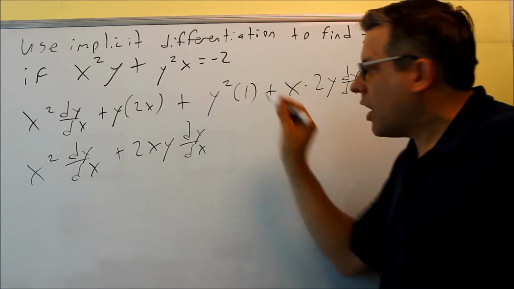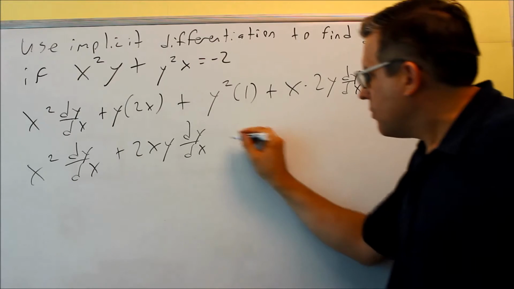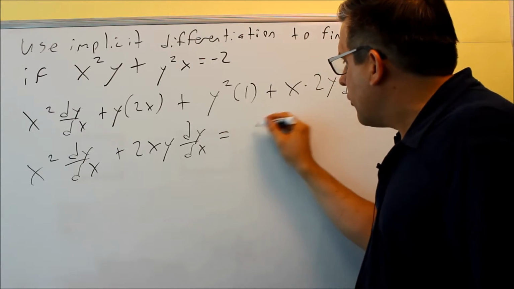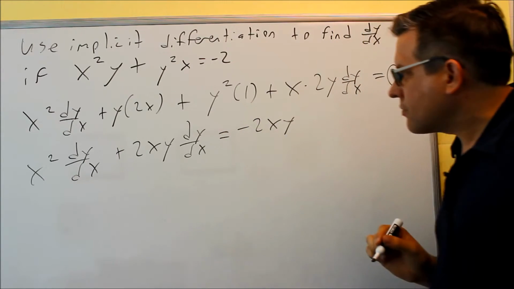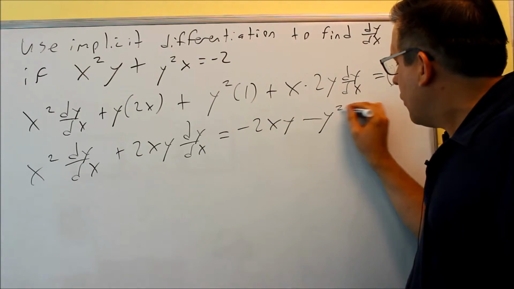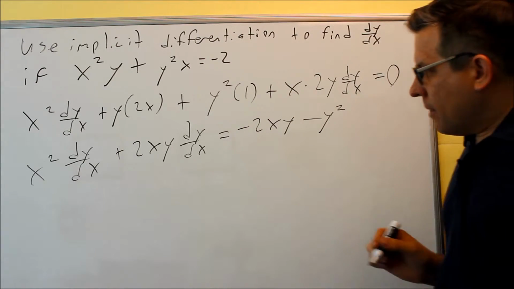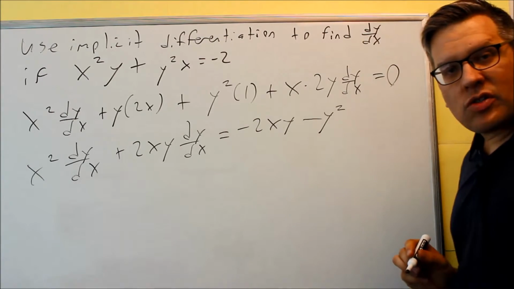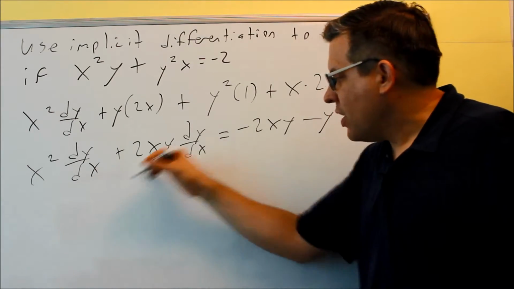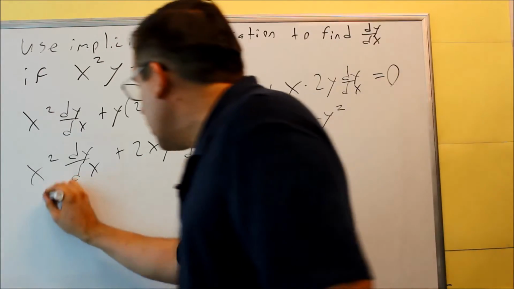Everything else, these two guys, we're going to move them across the equal sign. When I do, they're going to become negative 2xy, and then negative y squared. Once you have all the dy dx's on one side of the equation, it's a common factor, you're going to factor out the dy dx.